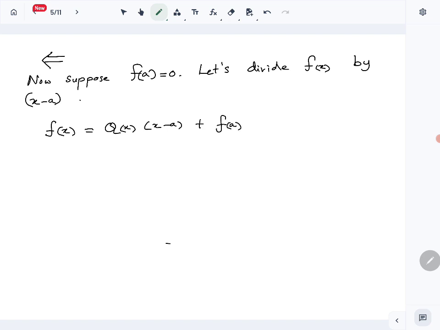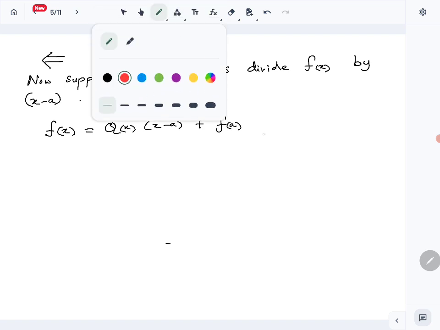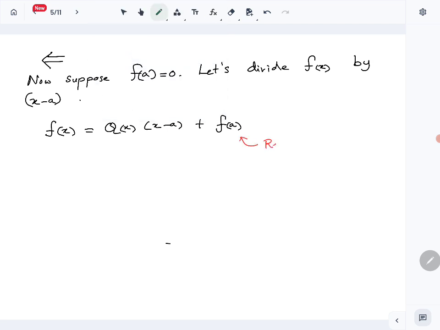From the remainder theorem, if you divide f(x) by x minus a, the remainder is going to be f of a. So we have that.